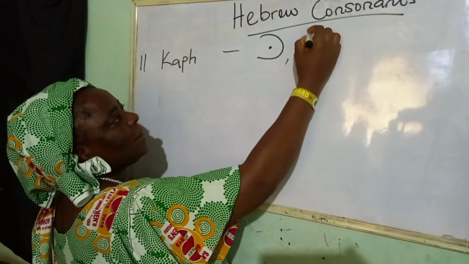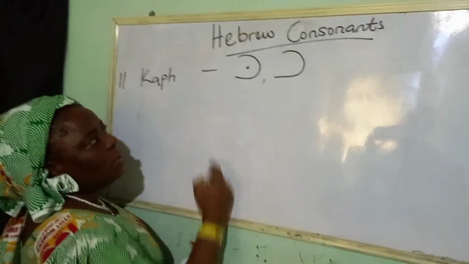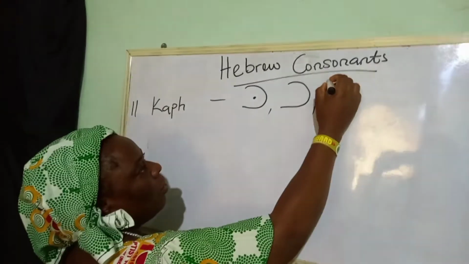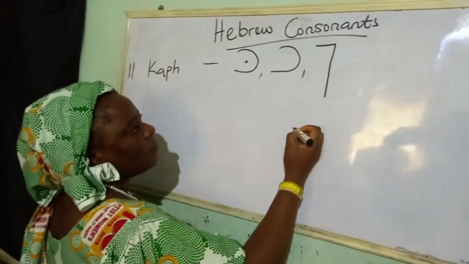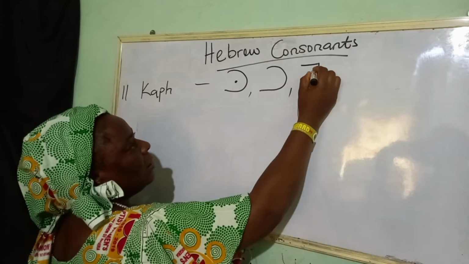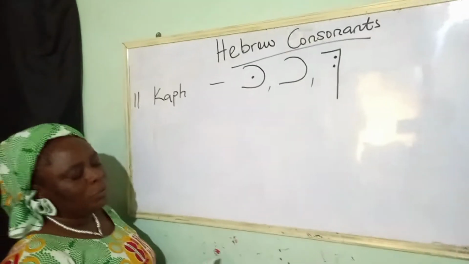But if it is found in the middle of a word, it's written this way without a dot. And if it ends a word, it's written this way. And mostly it will have two dots when it is ending a word.